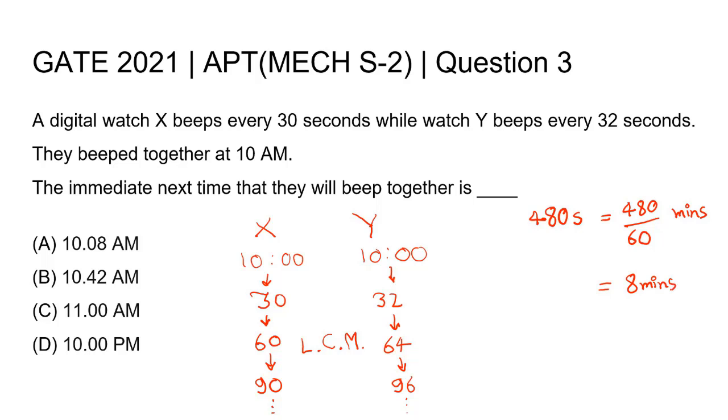So the immediate next time that X and Y will beep together is 10 hours and 8 minutes, which is option A, 10 hours and 8 minutes AM.